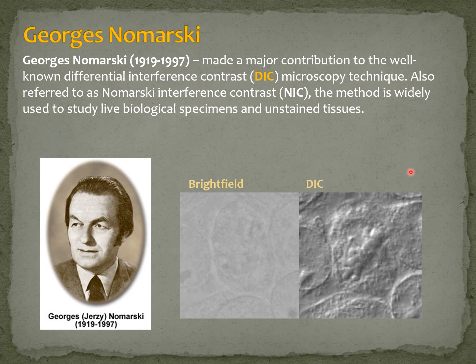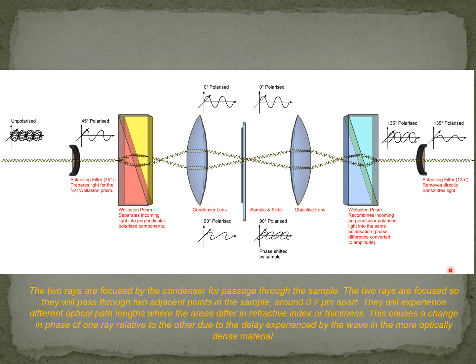And so basically we can obtain this image because of the split polarized light into the two beams that we can further see in this representation.